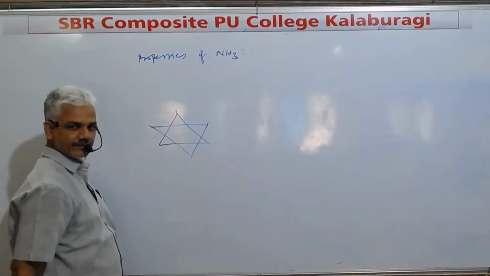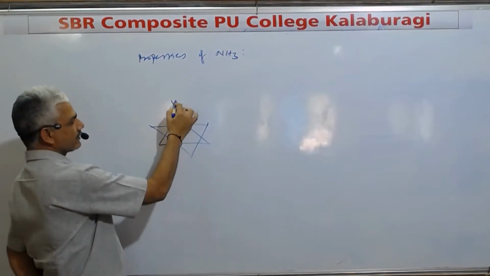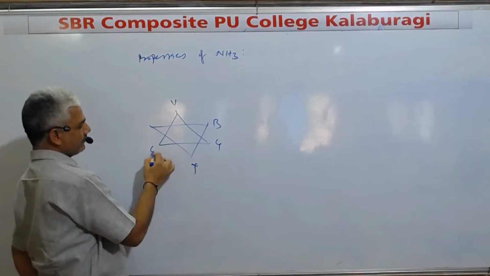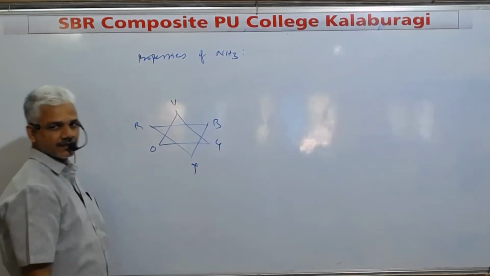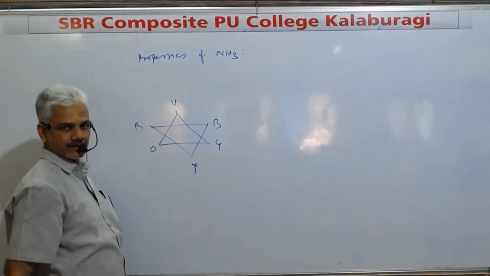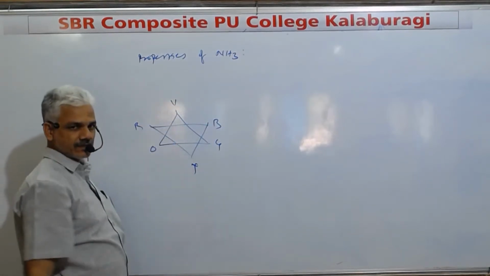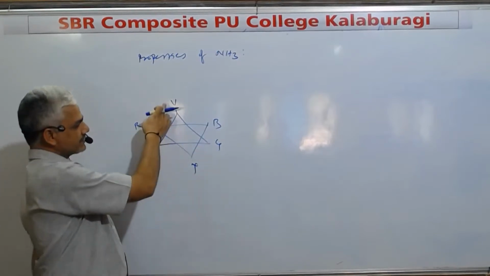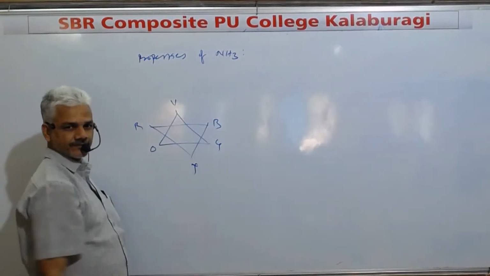Like this: violet, indigo, blue, green, yellow, orange, red. In the picture, which part is missing? Indigo is missing. Except indigo, all other colors are present. So when violet is absorbed, the complementary color that you observe is just the opposite color, we have to choose.